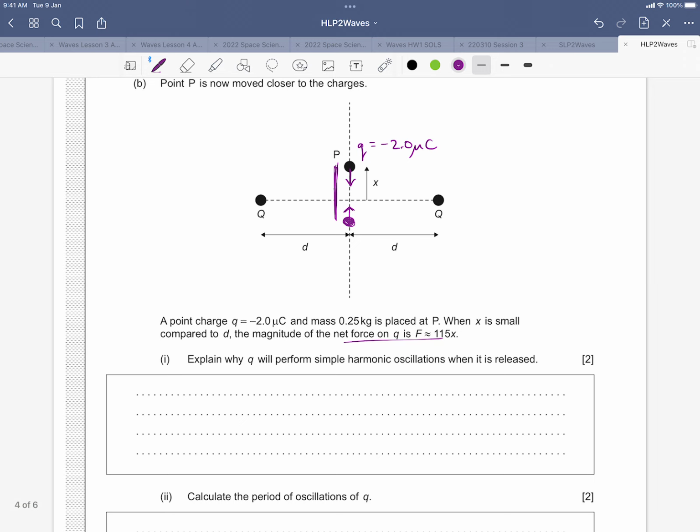So we have to just write that in words, and you can write that in many different ways.